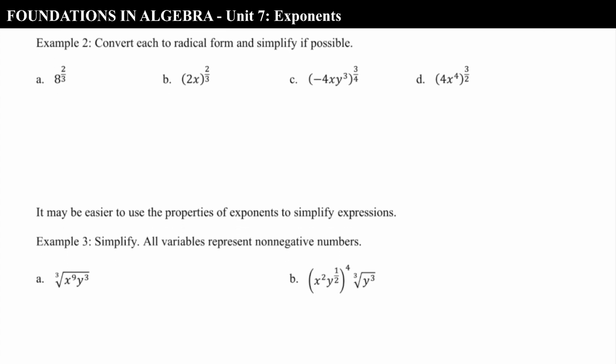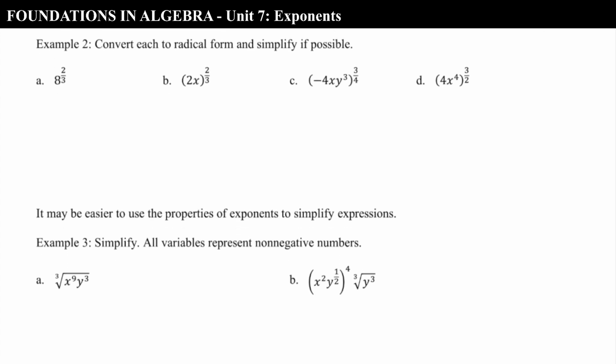Let's work with it. In example 2, convert each to radical form and simplify if possible. For a, we have 8 to the 2/3. We are going to write that as the cube root of 8 squared. 8 squared is 64, so we have the cube root of 64, which happens to be 4, because 4 times 4 times 4 gives us 64.